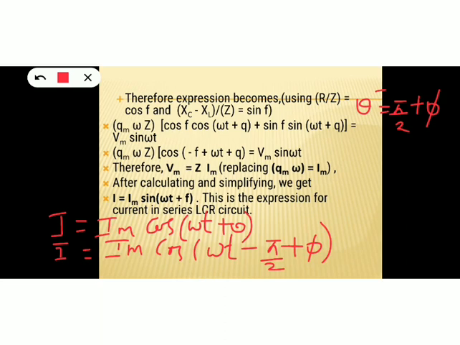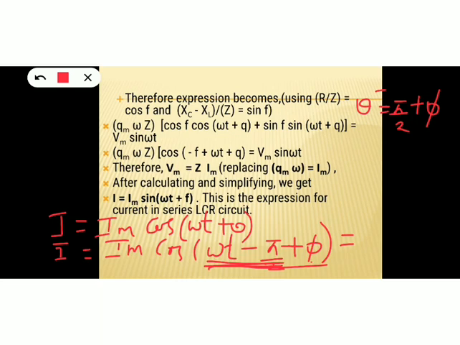Okay, and cos omega t minus pi by 2 plus phi is nothing but sine omega t plus phi. Why? Because cos omega t minus pi by 2 is sine omega t, then remaining we have plus phi here.